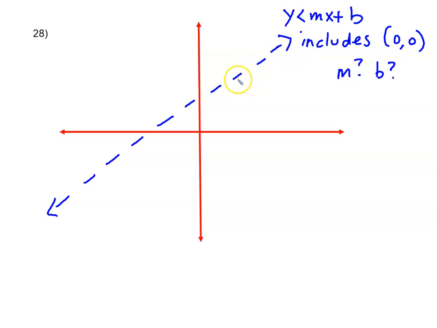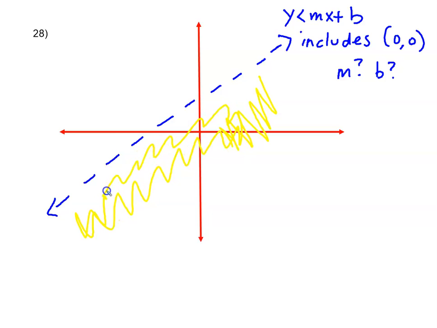All right, a dotted boundary line, and I would be shading the area below because that's where the origin would be for that boundary line.